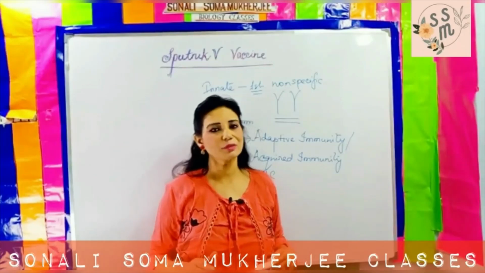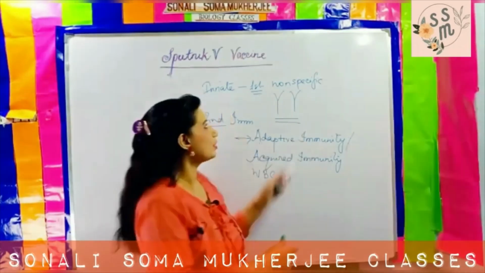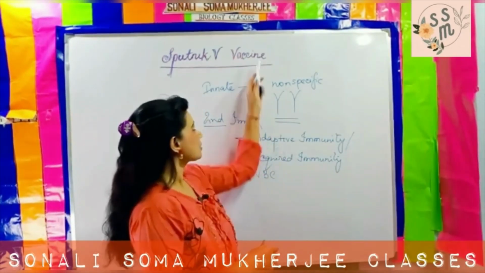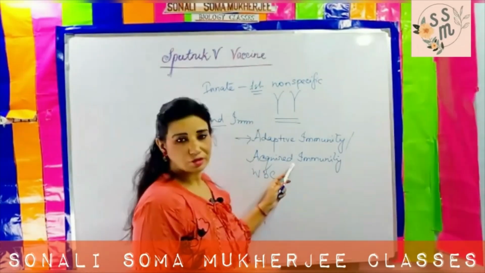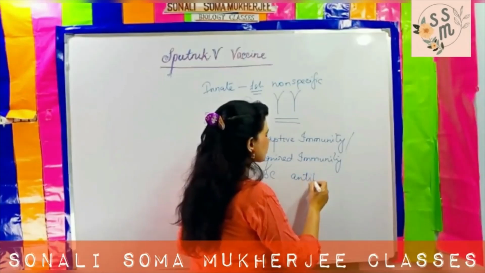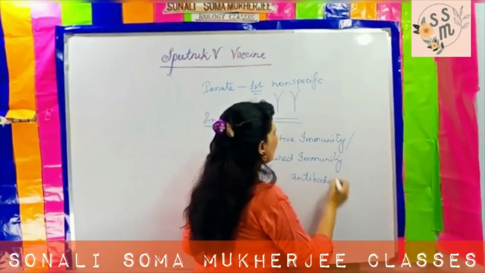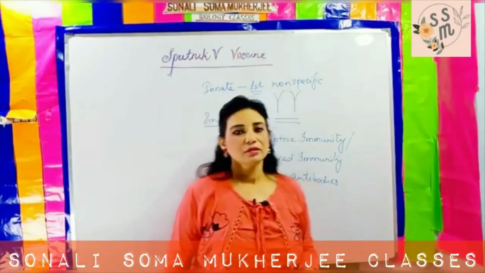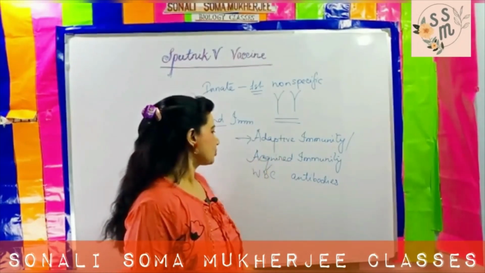So in my discussion, I am not going to focus too much on this topic. I am going to focus on vaccination. Vaccines generally involve antibodies. Antibodies are parts of acquired or adaptive immunity, so let's focus on adaptive immunity.